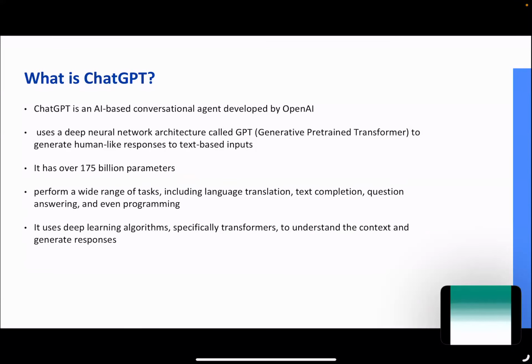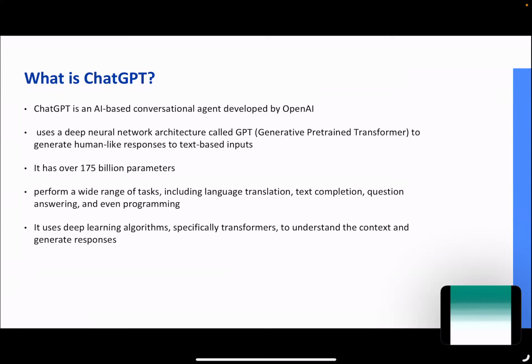GPT stands for Generative Pre-trained Transformer. What is the meaning of generative? It means it can generate new content based on previous learning, and pre-training means it is already trained on big data, and transformer is a specific model of deep learning that we will discuss in the next slides.